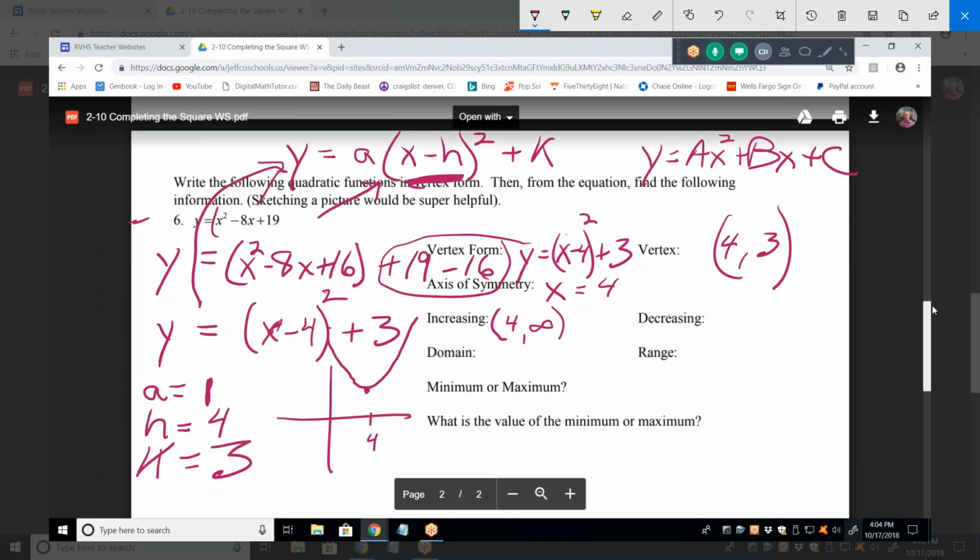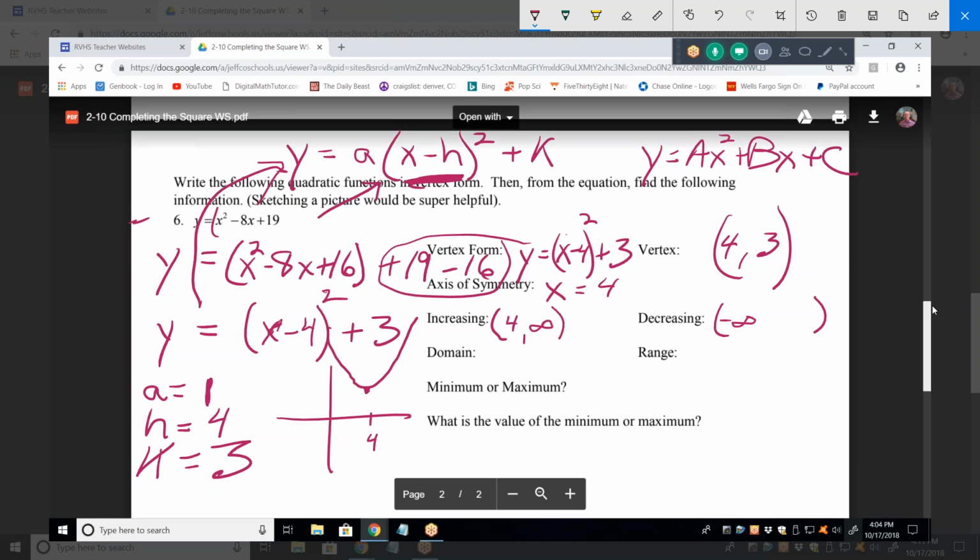What interval is it decreasing? Go from left to right. Negative infinity. There's a difference: negative infinity is way over on the left side of my graph, and positive infinity is all the way on the other side.